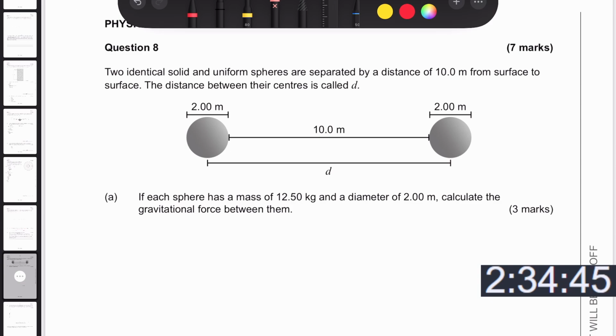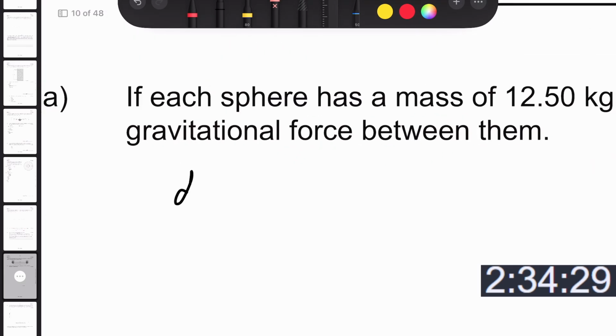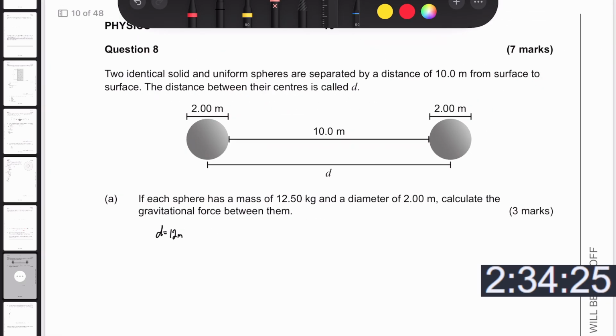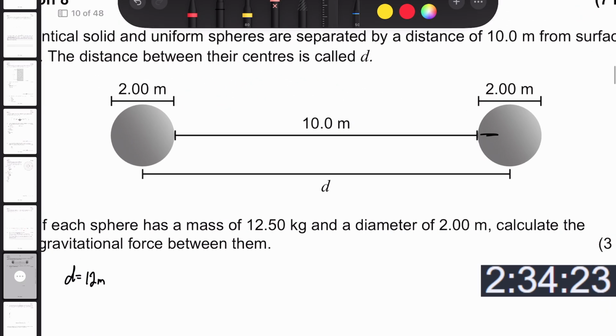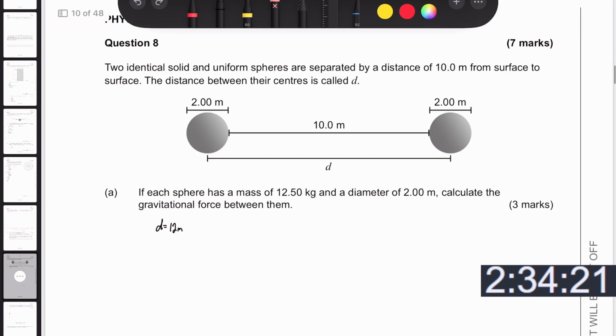Okay. Two identical solid and uniform spheres are separated by a distance of 10 meters from surface to surface. The distance between their centers is called d. If each sphere has a mass and a diameter of that, calculate the gravitational force between them. So let's say d equals 12 meters. The distance between them is 10, and then each one is 1 meter to its center.